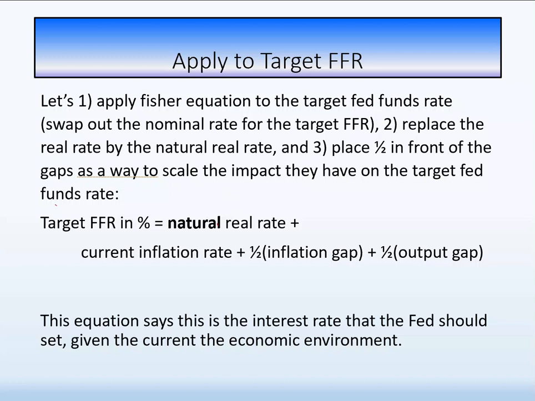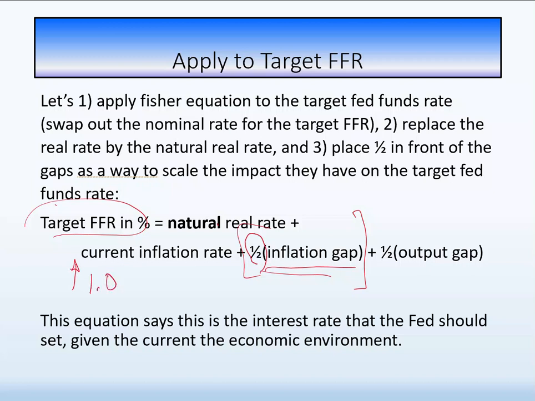There's also another really tricky and subtle scaling effect going on in this equation. As I just said, there's a 1/2 in front of the inflation gap. That scales this because it reduces the effect of the inflation gap on the target Fed funds rate. But also right here, and you would never think of it, there's basically a 1.0 in front.